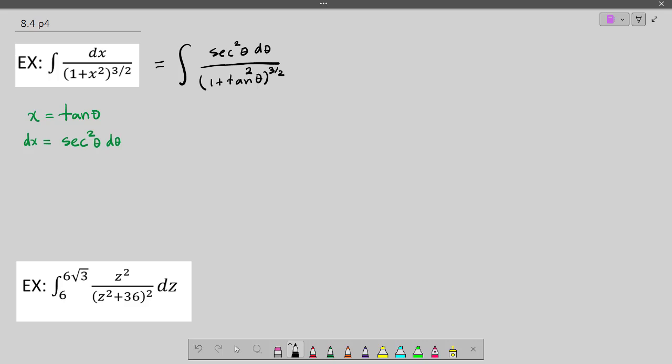So there is what we were looking for. All the x's have been turned to thetas. It's an indefinite integral, so we don't have to bother with any limits, so that's nice. And then we do the 1 plus tan squared, that's secant squared. So we're going to be dealing with secant squared to the 3 halves, d theta.